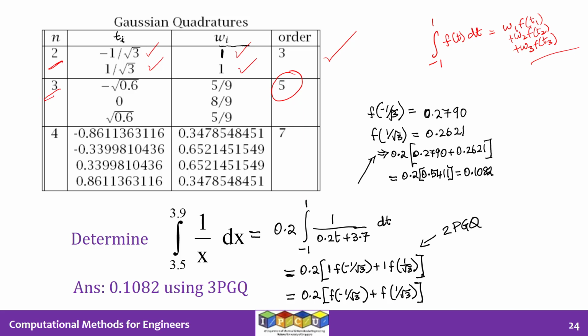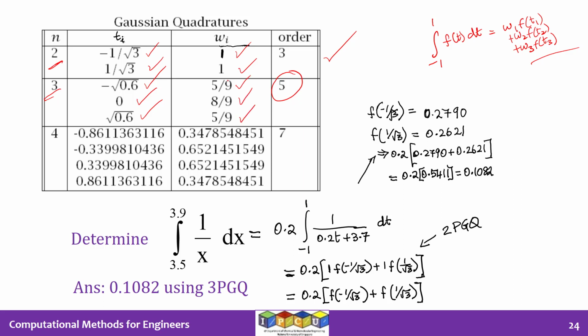When you set up the equations and you solve for it, you get t1 to be minus square root of 0.6, t2 equals 0 and t3 is equal to positive square root of 0.6. So the points are symmetrically located about 0 as you can see. So that's one fantastic thing. The corresponding weights are 5 by 9, 8 by 9 and 5 by 9.